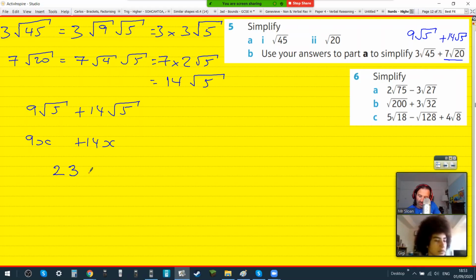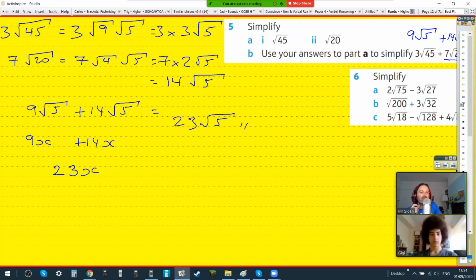Oh, that'll be times. I'm not sure. 9x plus 14x, 23x. 9 root 5 plus 14 root 5, 23 root 5. Yes. So you just add the normal numbers, copy that one. It works exactly like x.